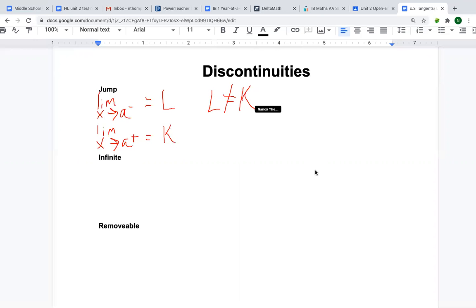That's just a really fancy way of saying that when you take the limit from each side, they're not equal. If I were going to draw a picture here in blue, it might look something like this, meaning that from one side it goes towards one value, and then from the other side it goes to a different value.